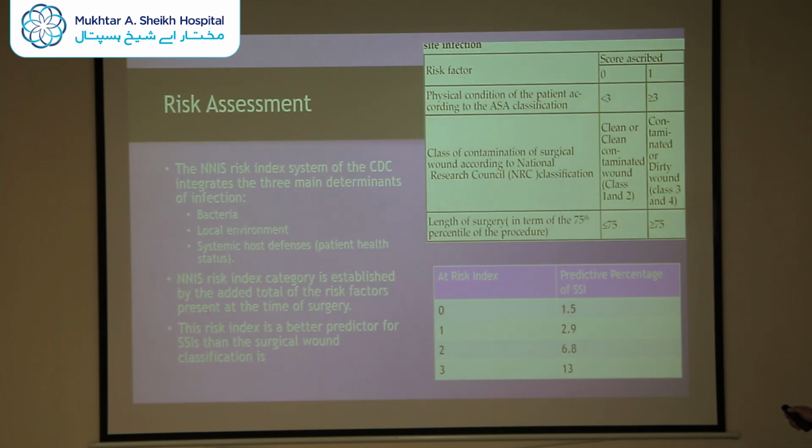The second is the class of the contamination of the wound, which is either class 1 and 2 or class 3 and 4. And the last one is the length of surgery, whether it is within the 75th percentile of the surgery duration, or it's more than that. So we attribute one score to each of these, and with that we have an estimate of the predictive percentage of the SSI. So at risk score 1, for example, the risk is around 2.9%, whereas at 3 it's 13%.